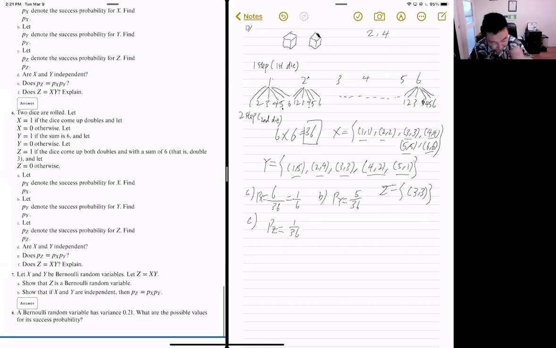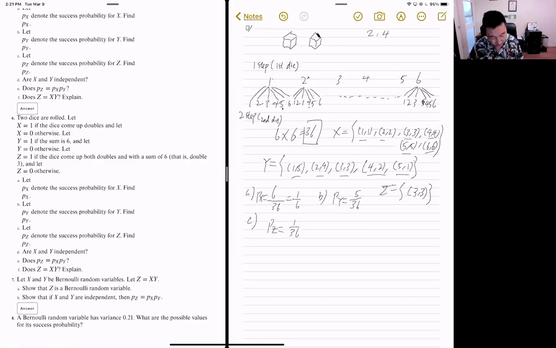And let's look at D. D is asking, are X and Y independent? If X and Y are independent, then Px times Py will equal Px and Py.